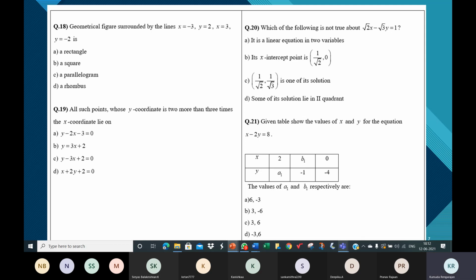Okay, take it as 2 also. 1 by 2 is half. So anyways, 1 by root 2, the value will lie between 0 and 1. Yes or no? Yes, ma'am.